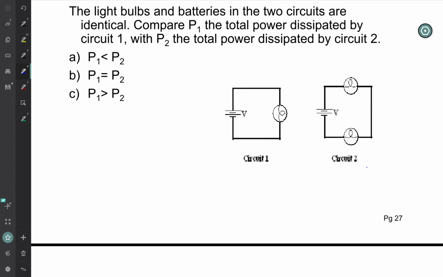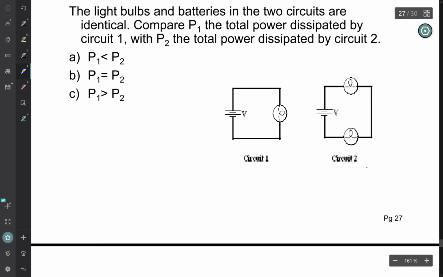To calculate the dissipated power in a circuit, everybody perhaps knows that the equation for power is equal to either V times I, where V is the voltage and I is the current, or V squared over R, where V is the voltage and R is the resistance of the light bulb, or R I squared.